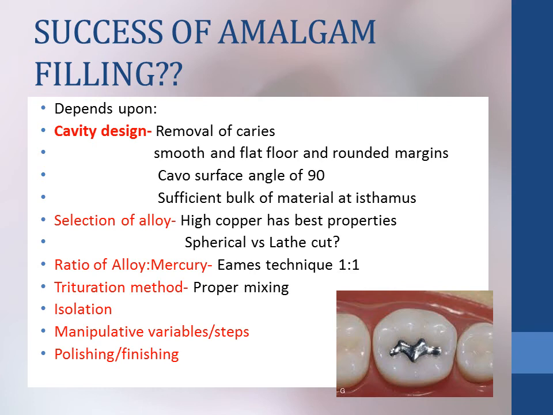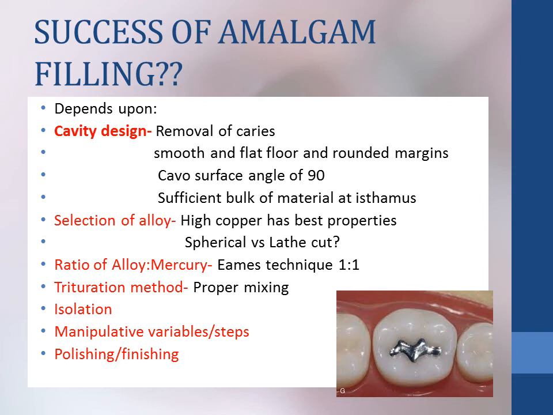These are all clinical factors that you have to keep in mind when you are preparing the cavity for amalgam. Like I said, you will learn about them in detail in your clinical subjects.